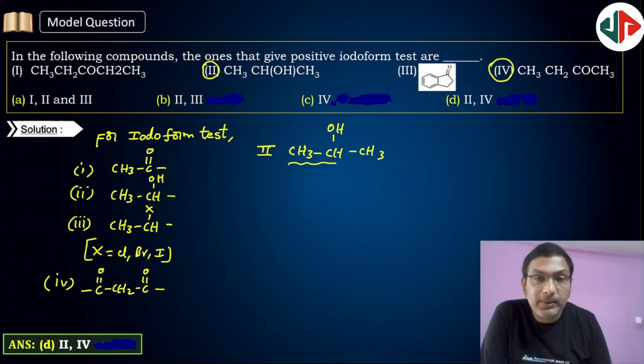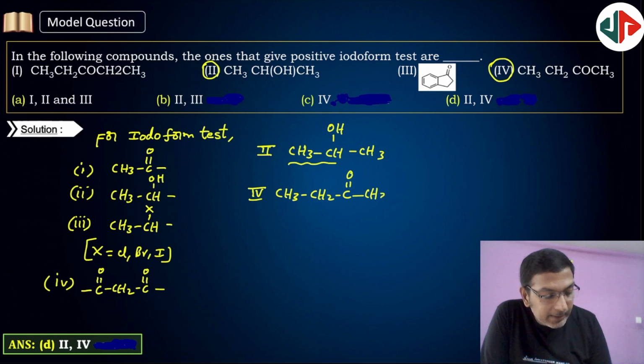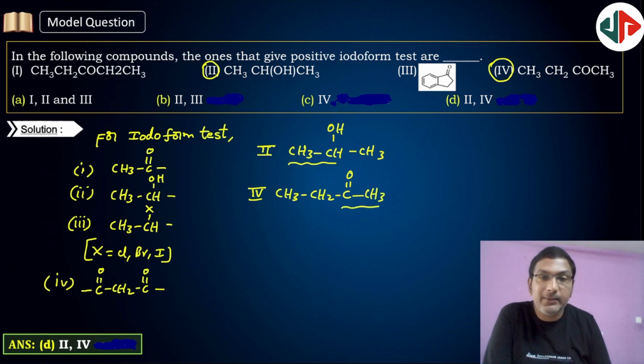Due to this group, this can undergo the haloform test or iodoform test. Next, the fourth compound, CH3CH2COCH3. Due to the presence of CH3CO, it can form iodoform. So 2 and 4 only, option D.